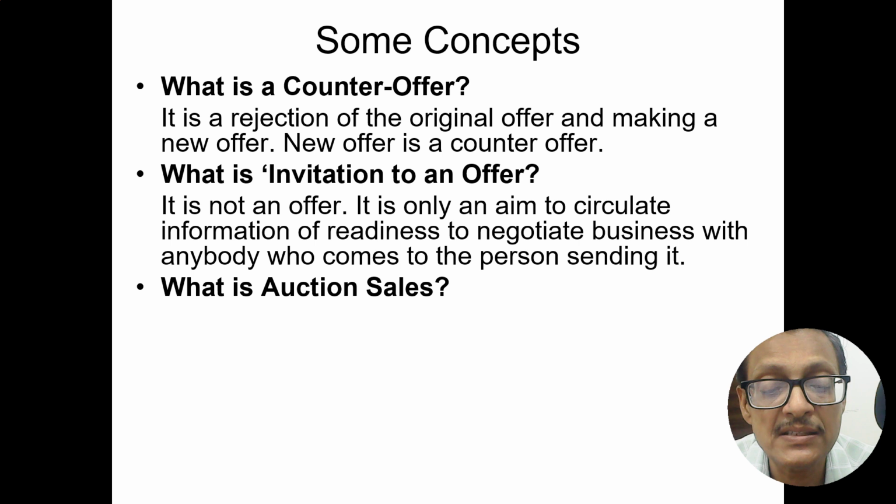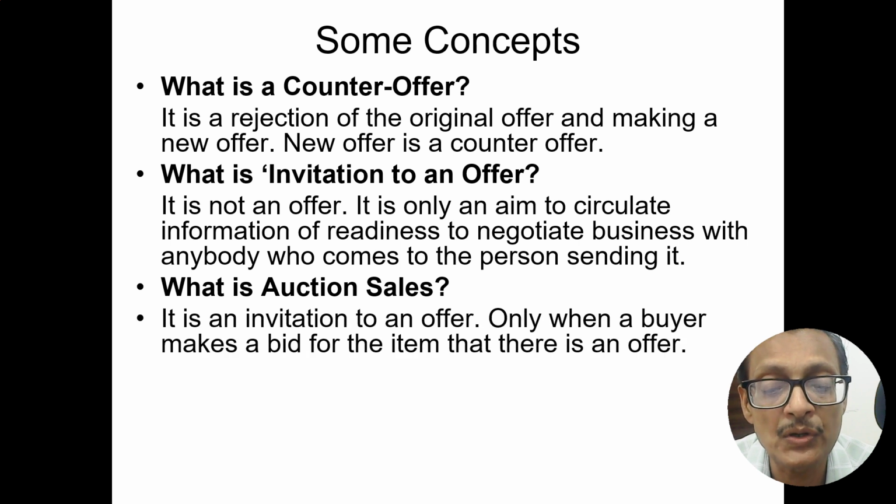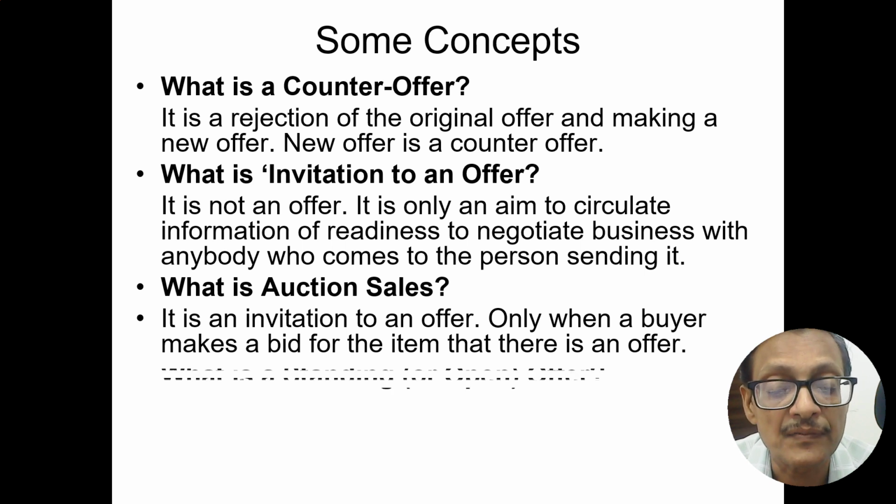What is auction sales? It is an invitation to an offer. Another type of invitation to an offer, only when a buyer makes a bid for the item is there an offer. So you have seen in auction sales, a particular object or good is being displayed for selling, but only when there is a bid, when anyone offers to pay for it or is ready to pay the highest amount of money, then there is an offer.